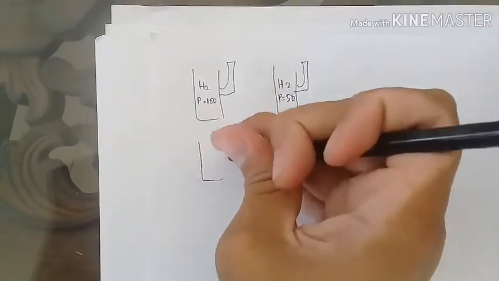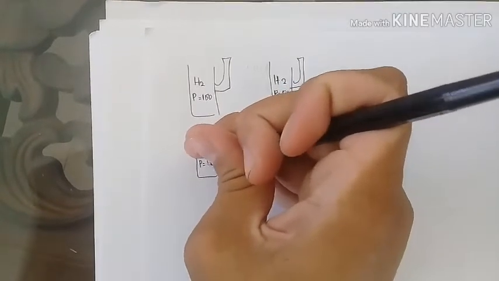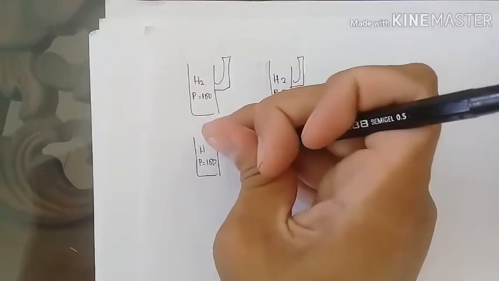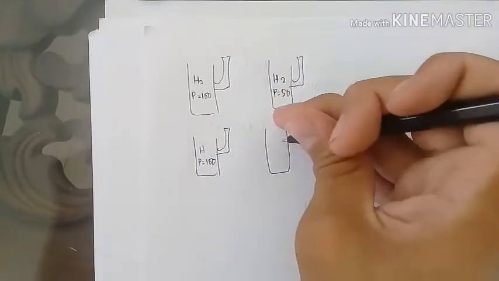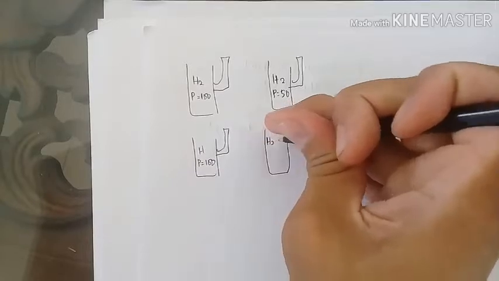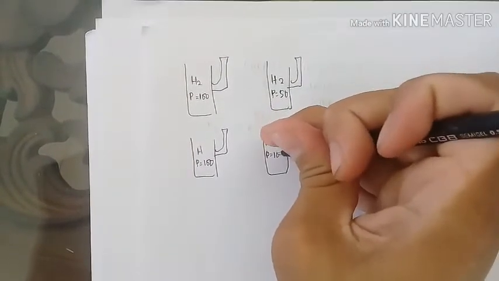In the next, we have hydrogen and V is 100. And in the last, we have hydrogen plus nitrogen and V is 100.